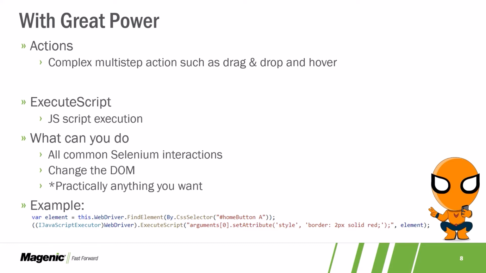But if you want ultimate power, you want to turn on God mode, that's where the JavaScript executor comes in. So Selenium allows you to execute pretty much any JavaScript you want. I actually use this on one of my side projects for accessibility testing.